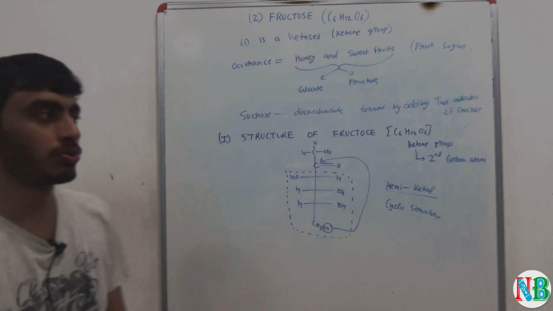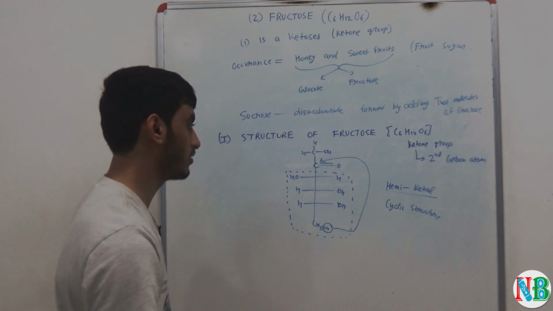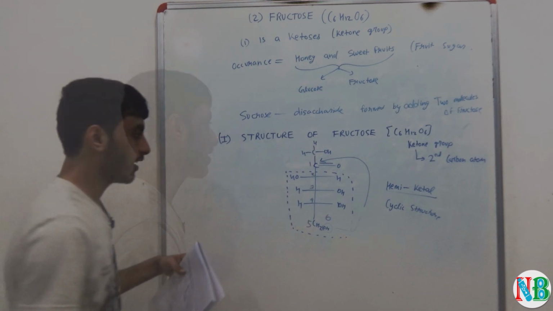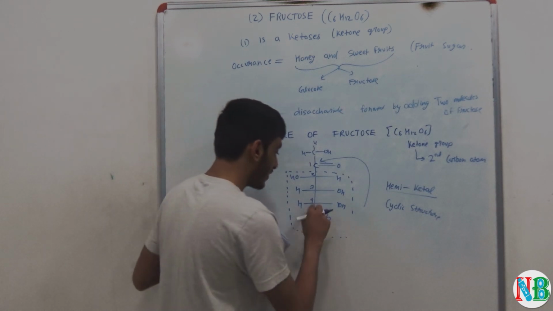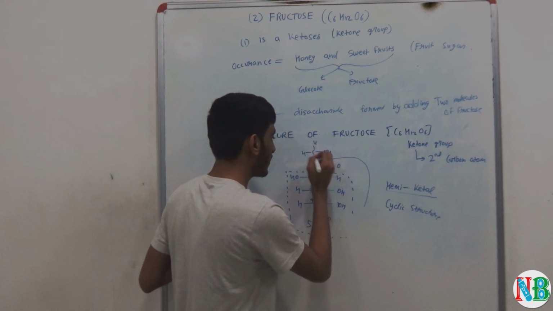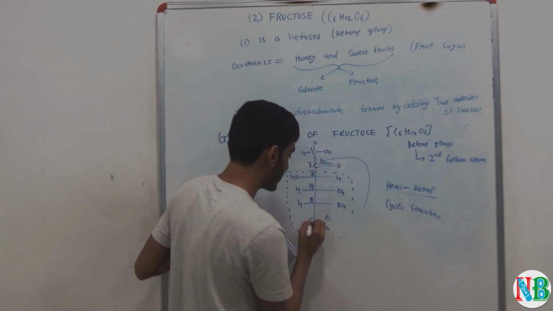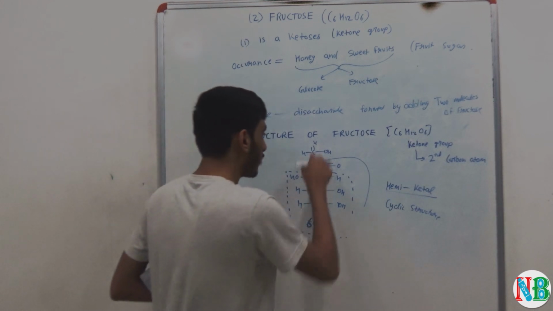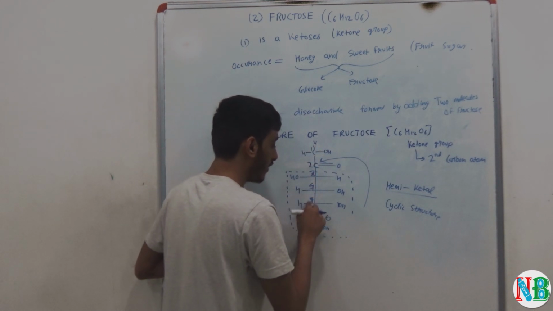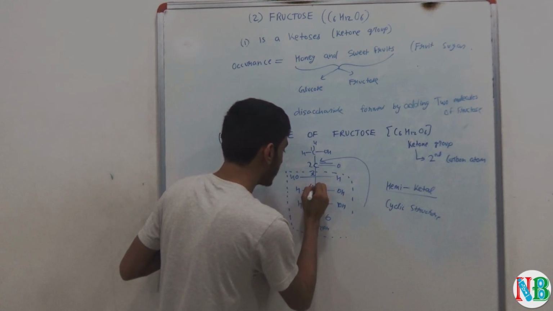But in the case of glucose, you remember that the chain had 6 atoms of carbon. In a similar way, you now number it from the top: 1, 2, 3, 4, 5, 6. This is the 5th carbon. This is the 4th carbon.